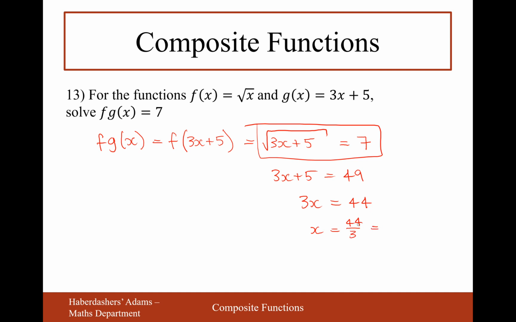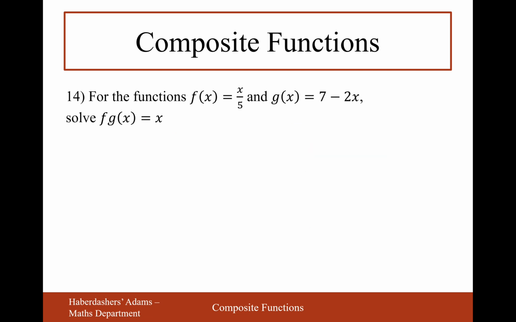It's going to be, so 30 will make it 10, 42 will make it 14, 14.67 or 14.6 recurring. And that's the answer for x. And let's move on to the final question then. Pause the video and have a go at question 14, final question from the worksheet.